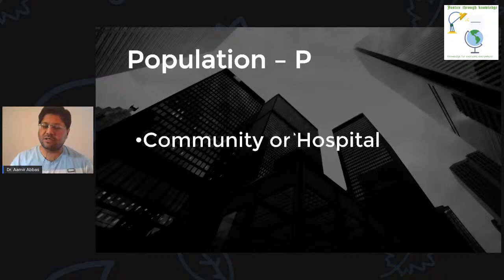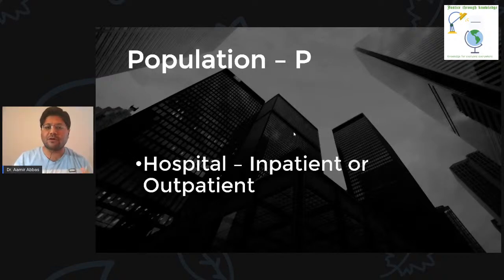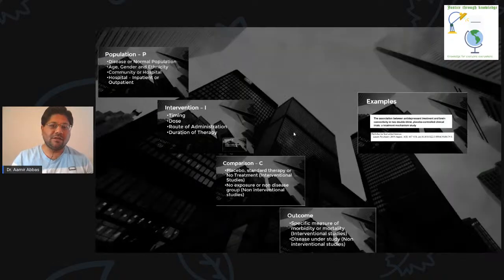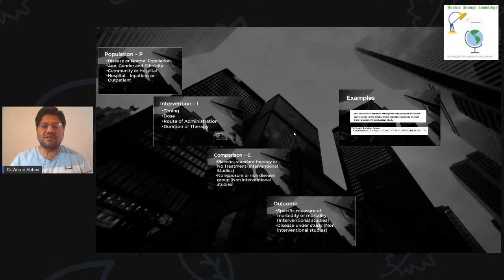If you are talking about a diseased population, or the normal population, it's also important that you specify whether you plan to take the sample from the community or the hospital. And if you plan to take it from the hospital, whether you plan to take the inpatient or the outpatient population. So these points need to be explicitly clear.